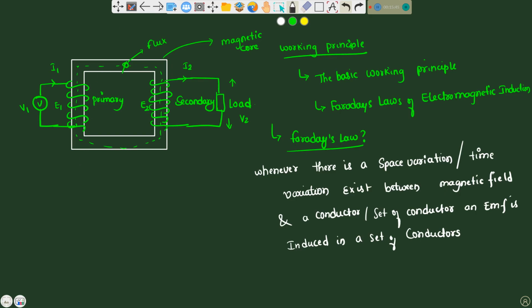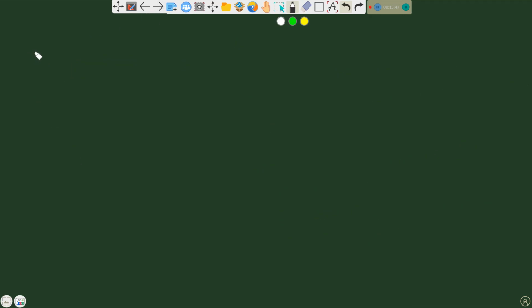So if we talk about the basic requirements to generate EMF with the help of Faraday's law of electromagnetic induction, according to Faraday's law, what do we require?